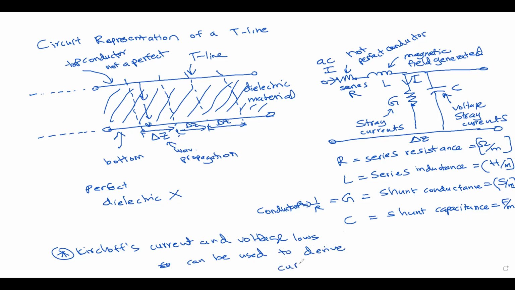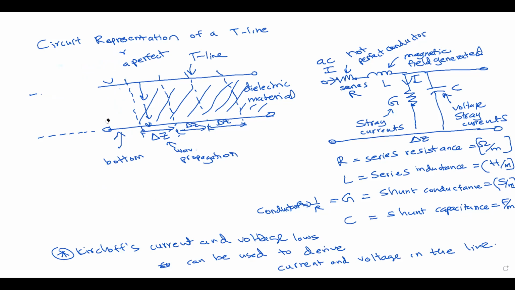By deriving the current and voltage in the line, we can observe the behavior pattern of the current and voltage.